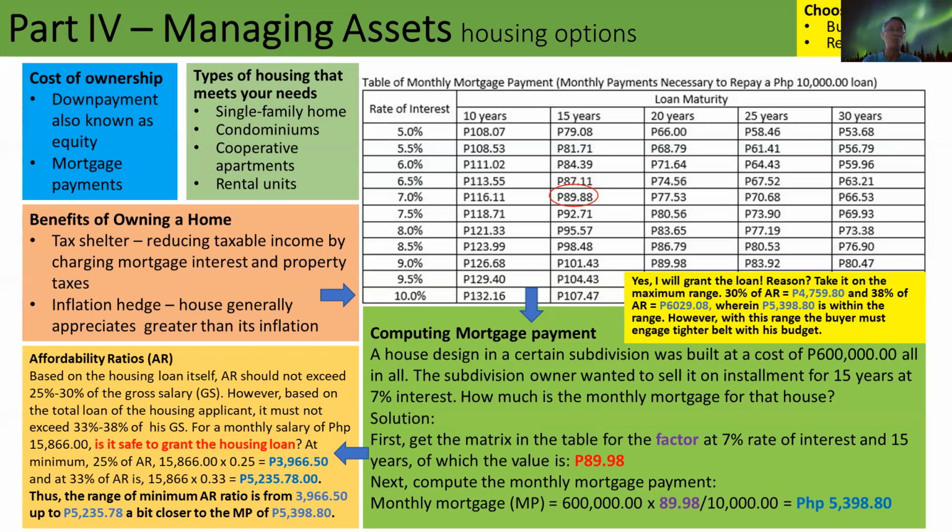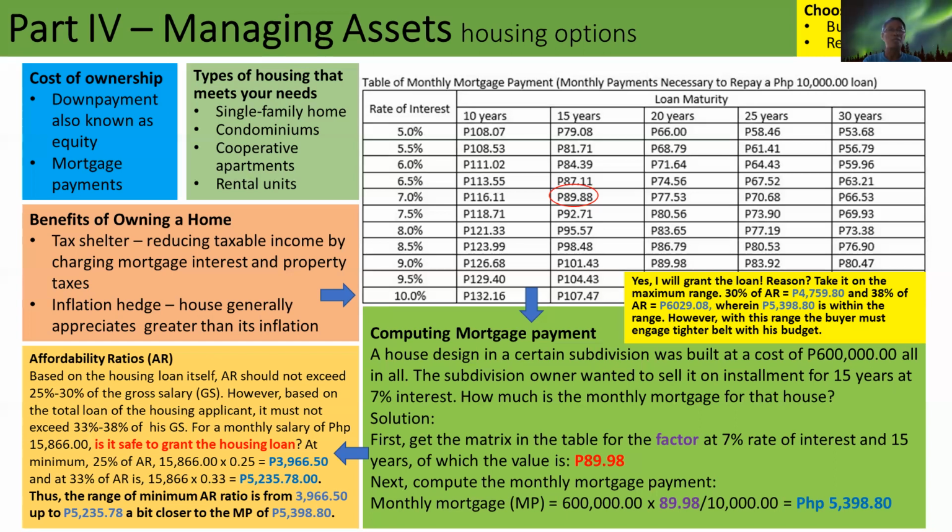However, if you are going to base it on the total loan of the housing applicant, ano ibig sabihin ng total loan? O, nandyan yung credit card niya, nandyan yung mortgage niya sa kanyang motorcycle, nandyan pa yung housing loan niya itself. So lahat yun, yung mga pagkakautang niya, should not exceed 33 to 38% of his gross salary.